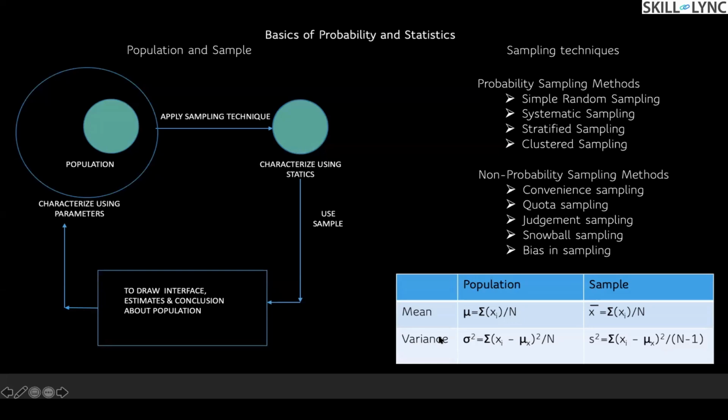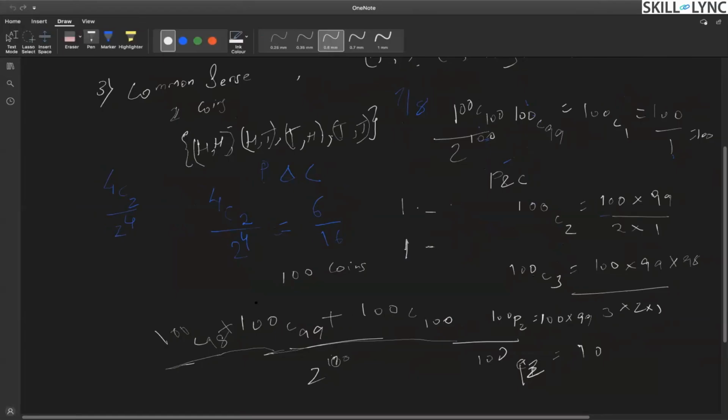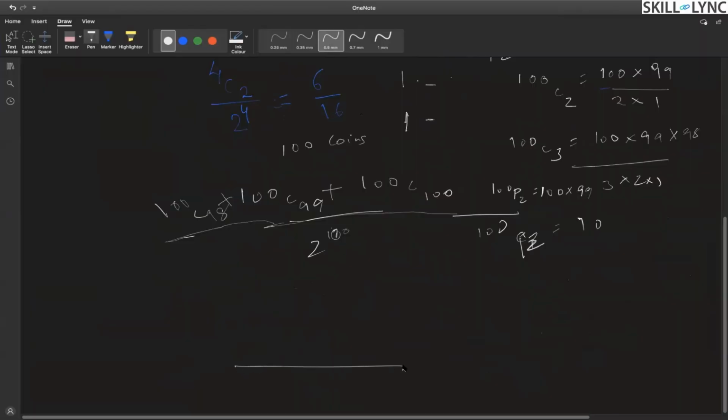Now what is variance? The mean is a measure of central tendency. Variance is how much your data varies, that means it is a measure of dispersion. For example, let me quickly draw it. I have 5 students with values 1, 2, 3, 4, 5.